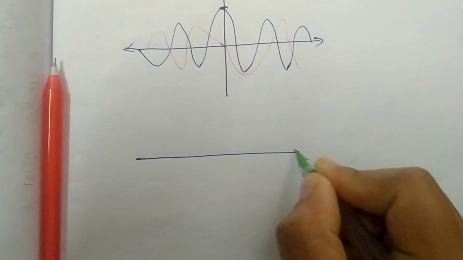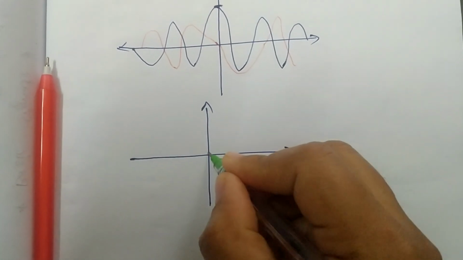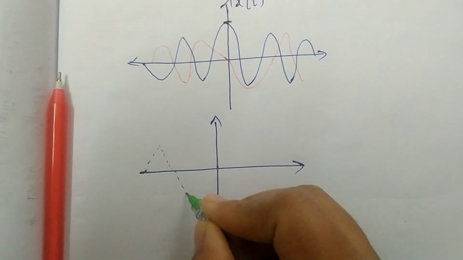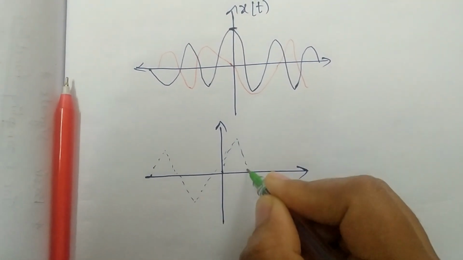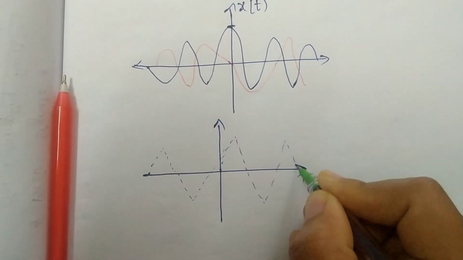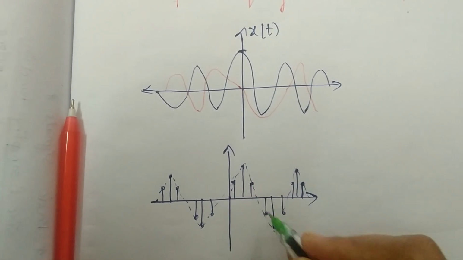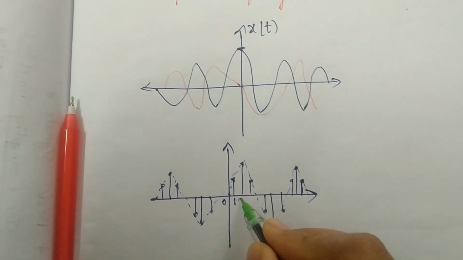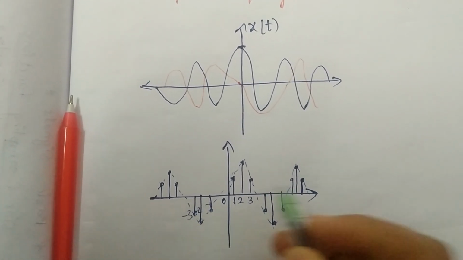By using the discrete graph of the sinusoidal signal, this is the discrete sinusoidal signal. In this place we can write only 1, 2, 3, minus 1, minus 2 and minus 3, that's it.